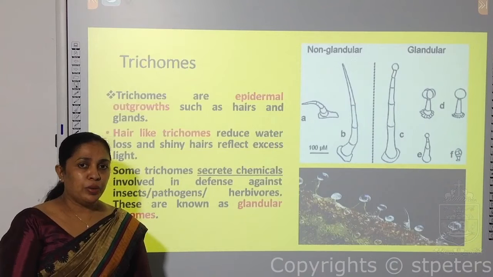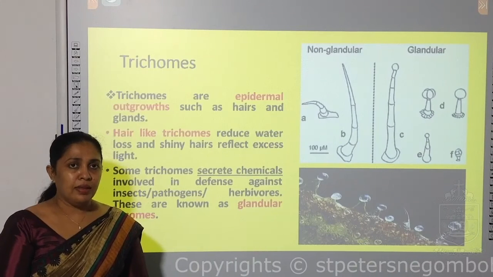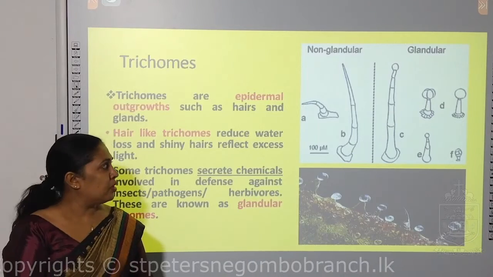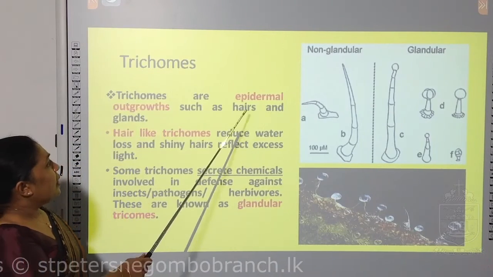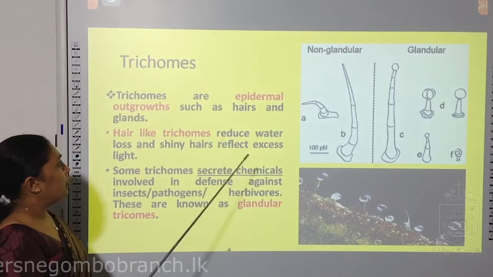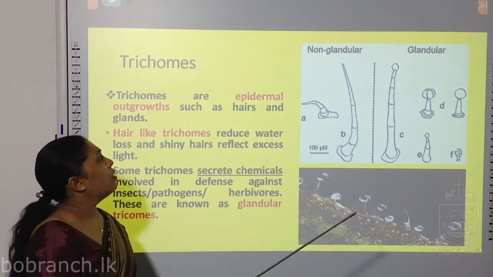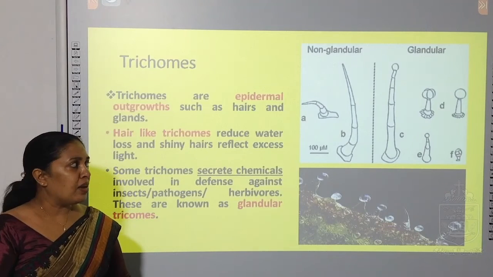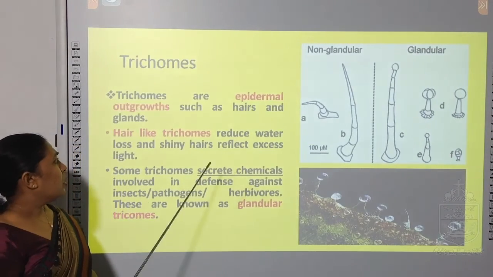If we go to the trichomes, it is a type of cells in the dermal tissue system. It is an epidermal outgrowth. There are two types of trichomes, non-glandular trichomes and glandular trichomes.